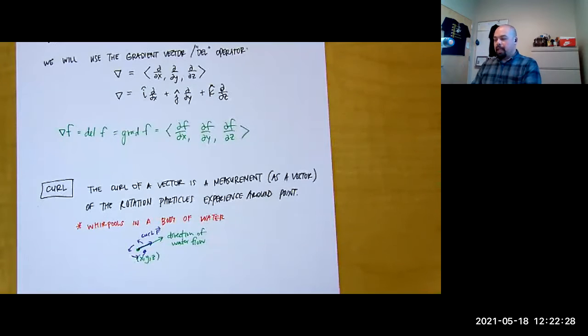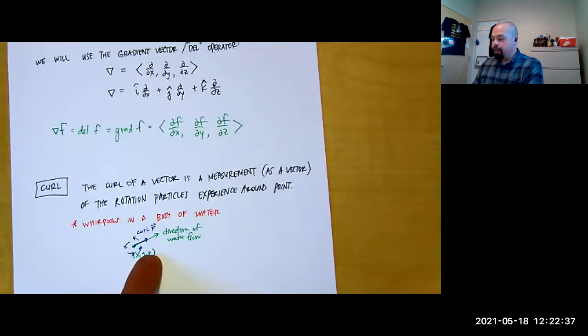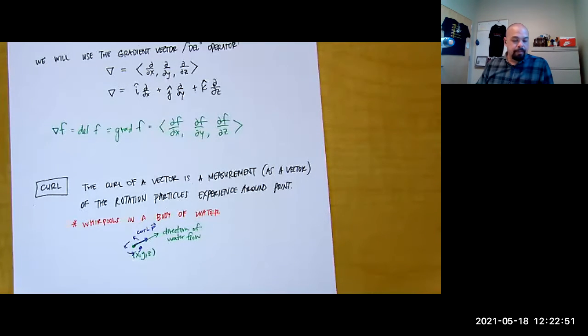So I'm thinking about it like this: as the water's flowing, maybe there's a rock, a post somewhere to tie your boat to, and that water is going to hit it and want to cycle around that post. We're thinking about it like that. So this curl gives exactly that, how those particles want to twist and rotate about some particular point in space.